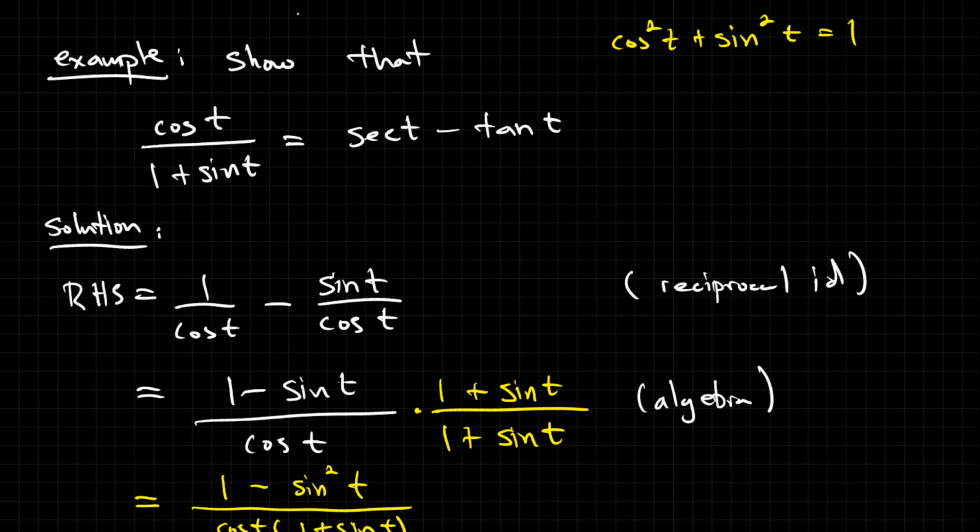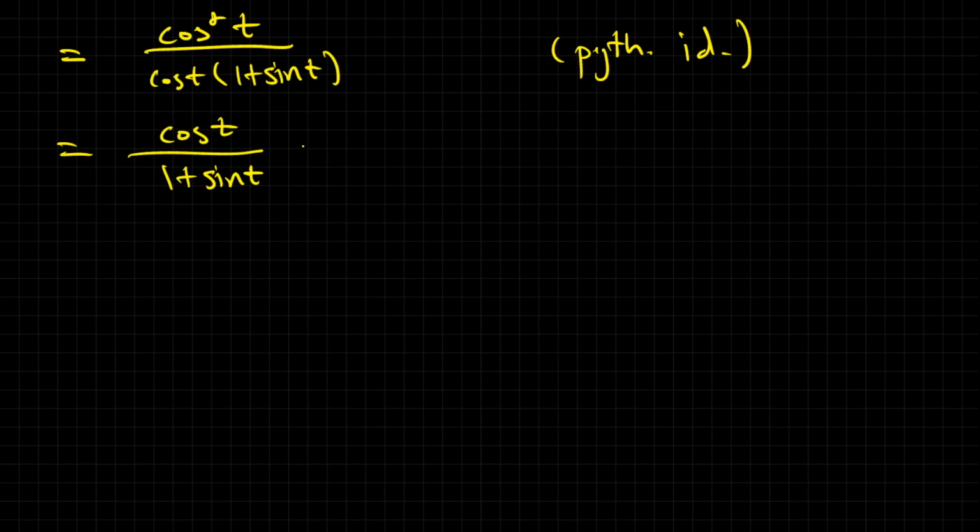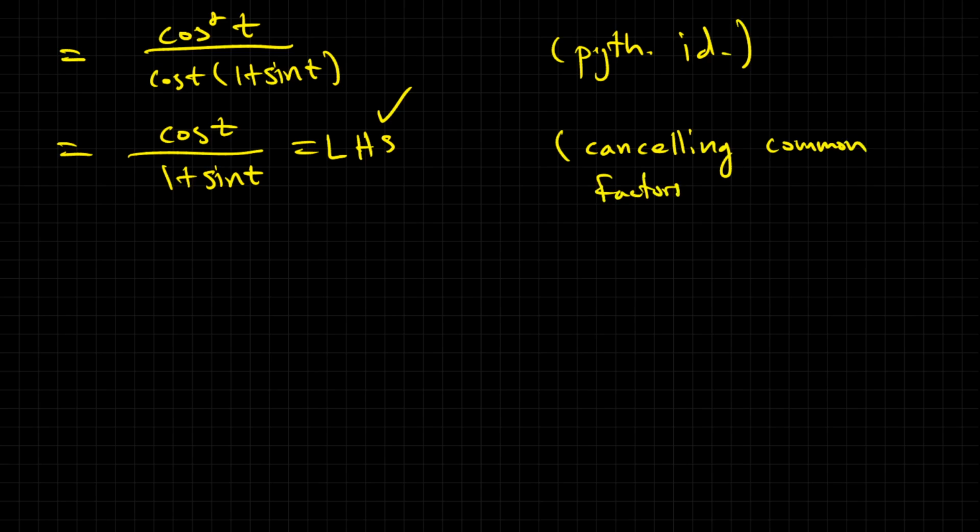And, well, that is the left-hand side. So that's the left-hand side, and we're done. I suppose we could call this step canceling common factors. Because what we did is we took one copy of cosine and canceled it with the copy of cosine in the denominator.